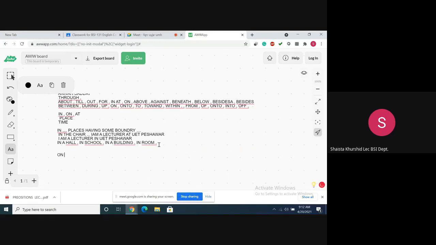Now, on is used for the places when we have surfaces. When there is a surface, we say it's on. For example, on the table, on the wall, on the roof, on the map, etc. Okay.